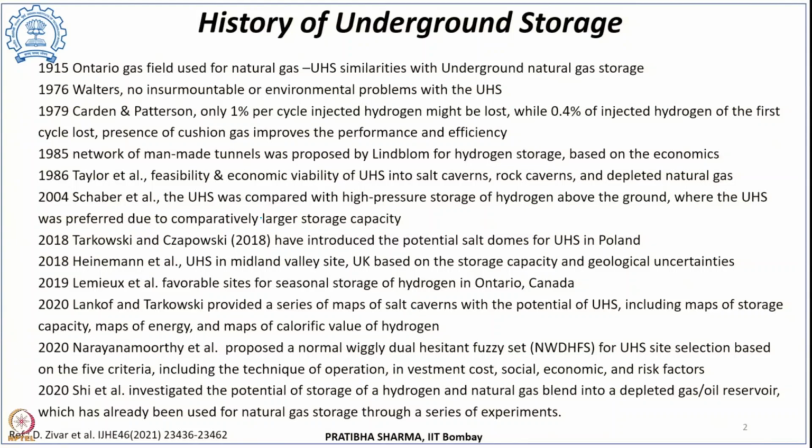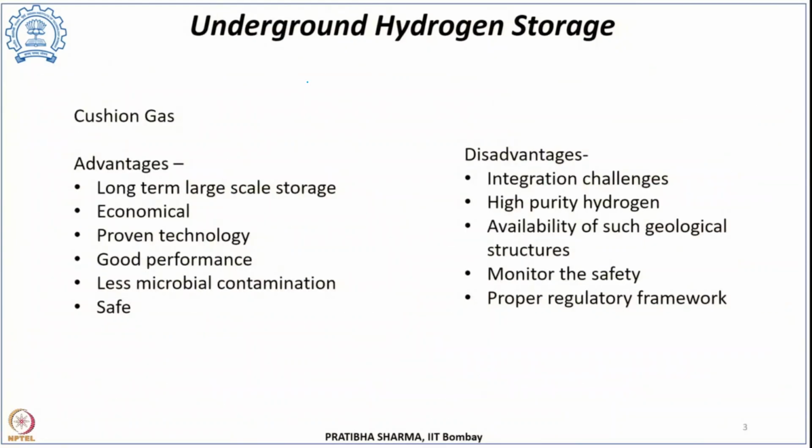Next is underground hydrogen storage. This is the history of underground hydrogen storage; you can go through the research modifications and innovations made year by year. What are the advantages of underground hydrogen storage?